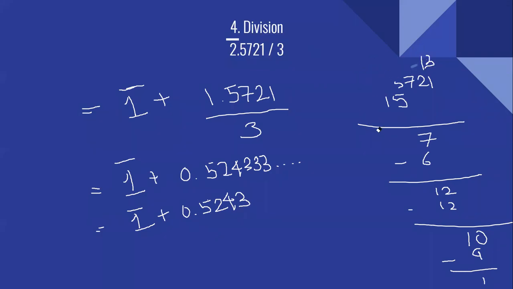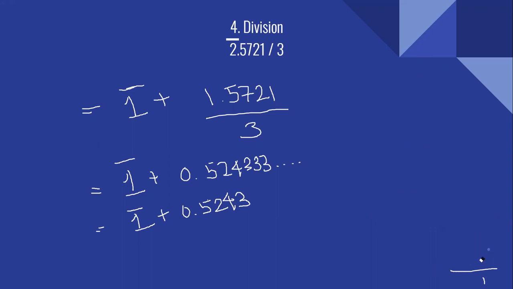Now let's add this. 1 bar plus 0.0000. The 4 zeros are in order to match the decimal number 5243.